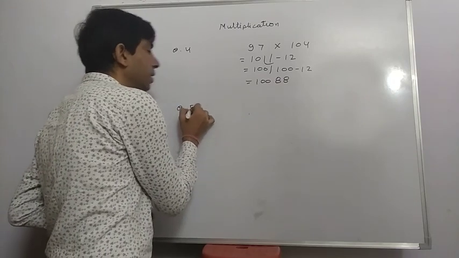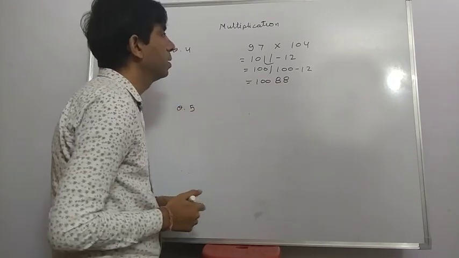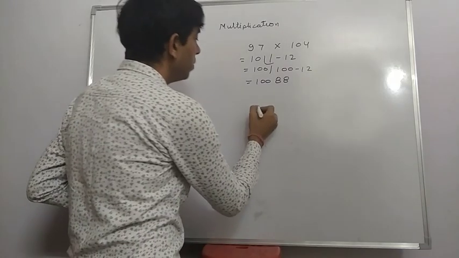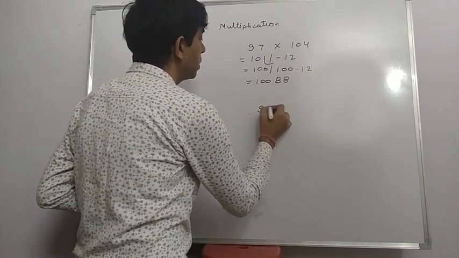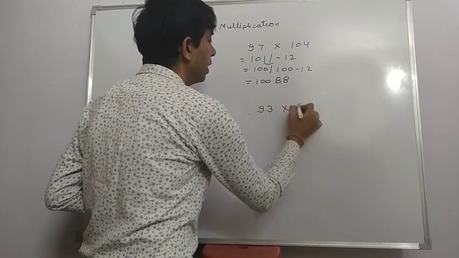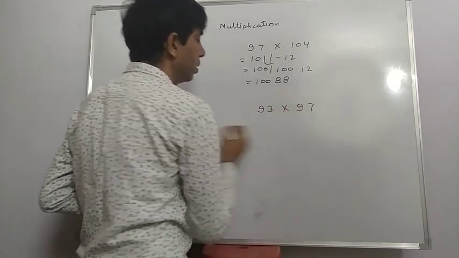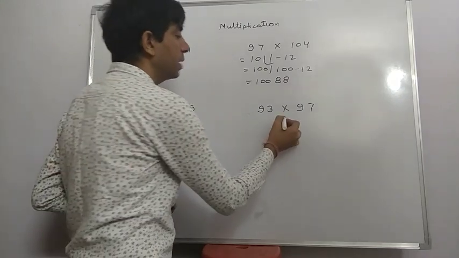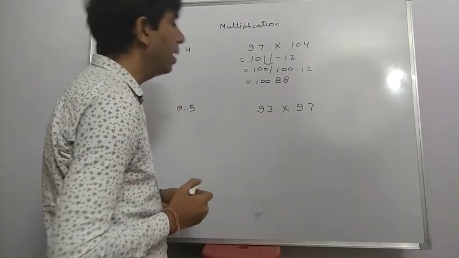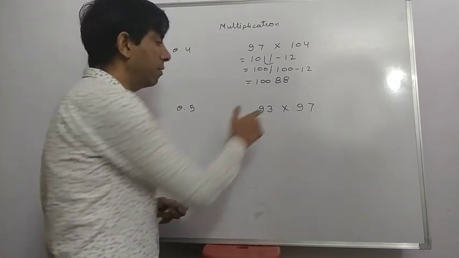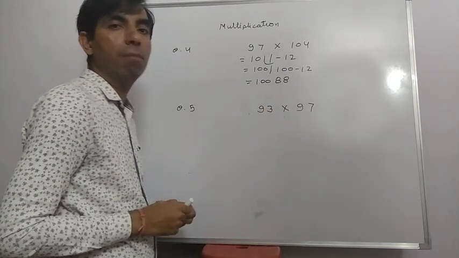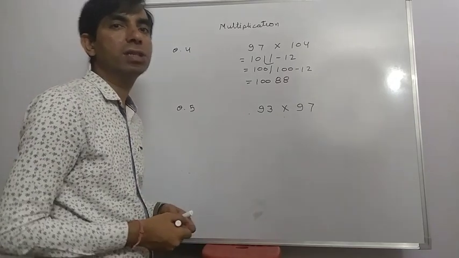Again, we take another question. 93 multiplied by 97. So solve it. Here the base is 100, and here the deviation is -7 and here it is -3. Both are negative, so multiply them to each other.